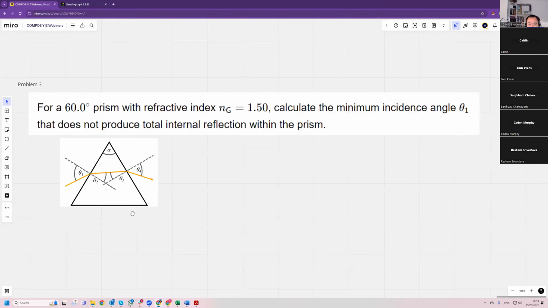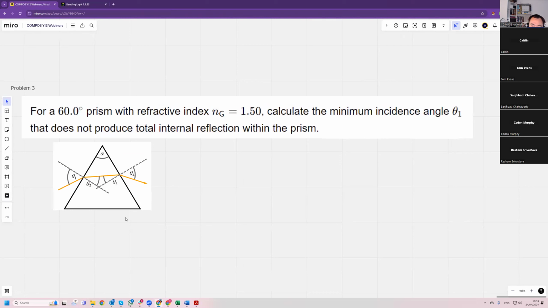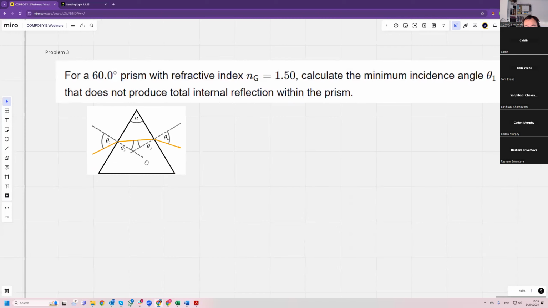For a 60-degree prism with a refractive index 1.5, calculate the minimum incidence angle that does not produce total internal reflection within the prism. Or basically, find the angle at which we have total internal reflection.